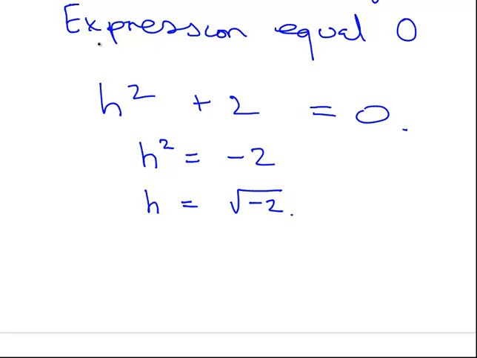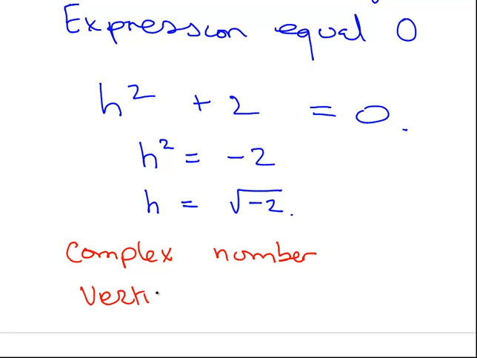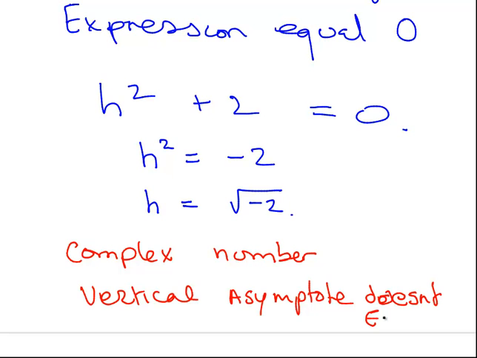That's what they call a complex number. But as far as we are concerned, that indicates the vertical asymptote doesn't exist. That's our conclusion. It's a complex number answer.